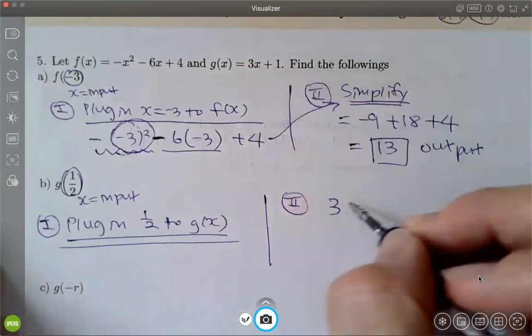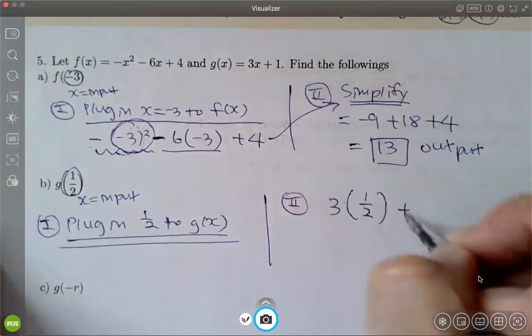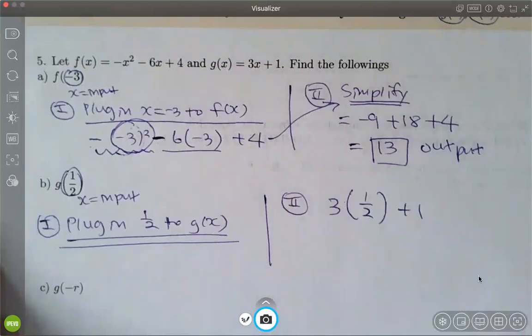And then parentheses 1/2 and plus 1, right? Now, what does 3 parentheses 1/2 mean? That's multiplication, right? So what is 3 times 1/2?